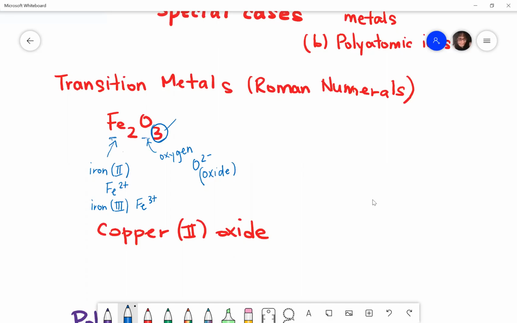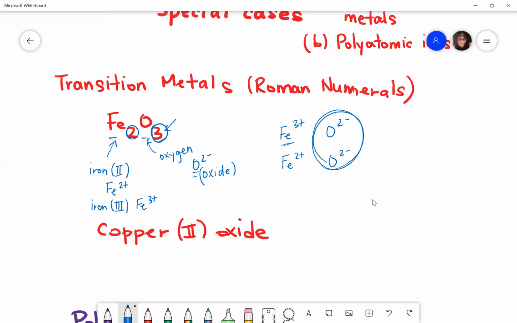Remember that when you work backwards from the names and the drawing of the compounds, just like we were doing previously, these subscripts come from crossing over. We already know that oxygen can only exist as O2 minus. And now you're working with either an Fe3 plus or an Fe2 plus.